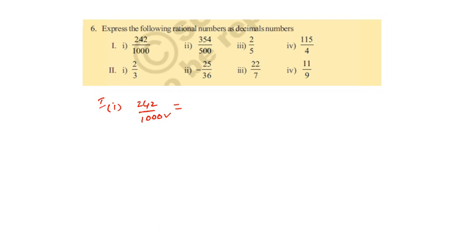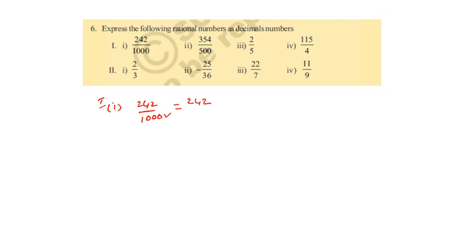You may convert the given rational number into decimal form. Here in this one, the denominator has 1000. So how many zeros are there? There are 3 zeros. Then you write the numerator like this, 242 without any change.